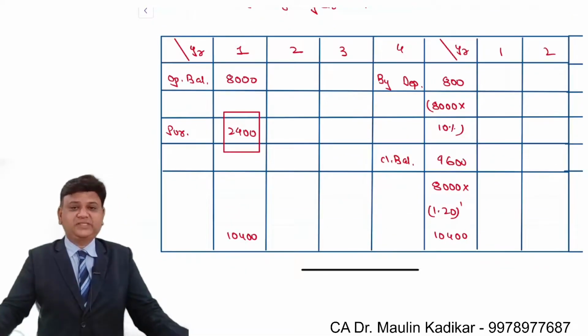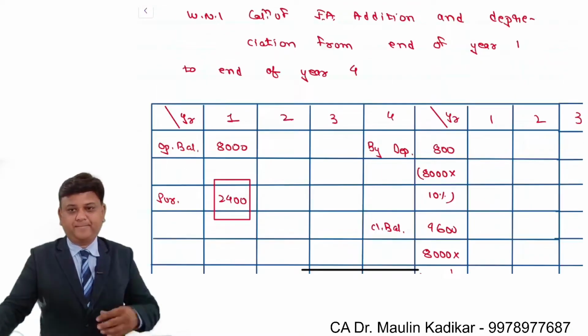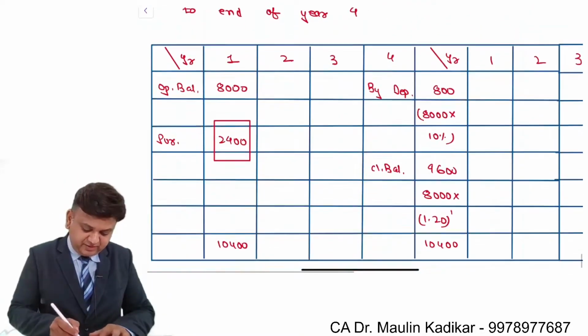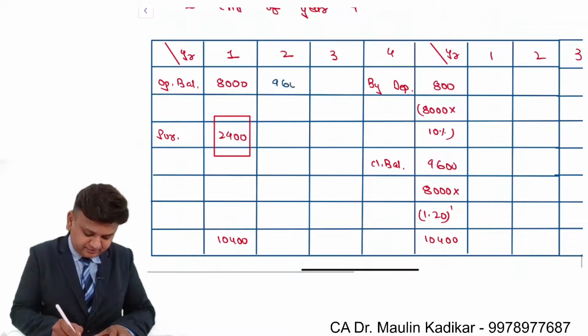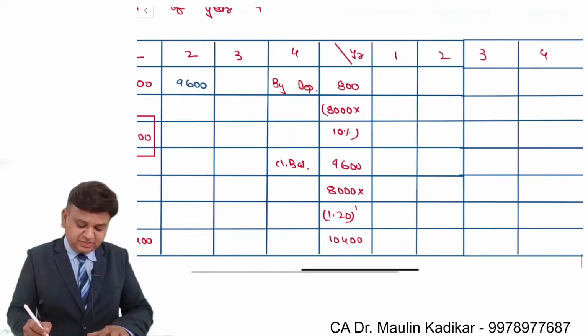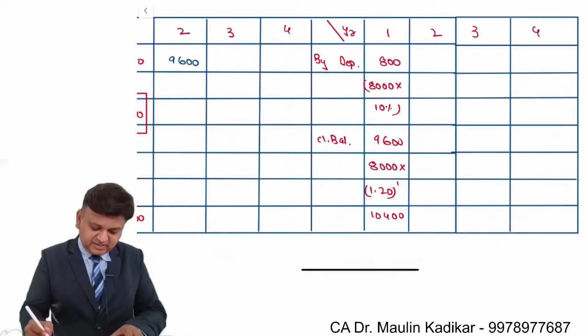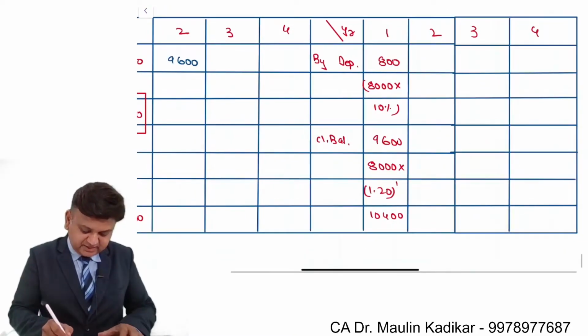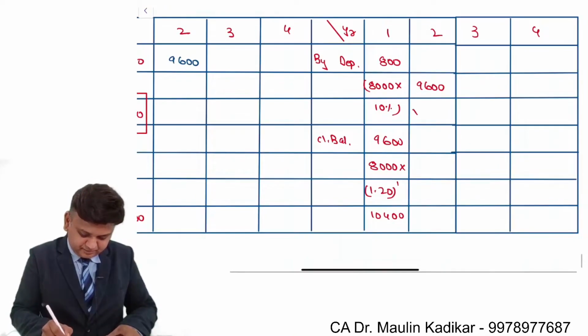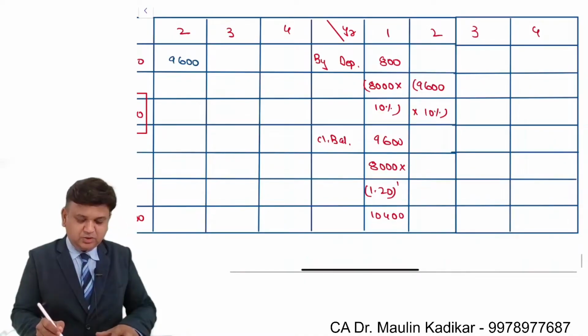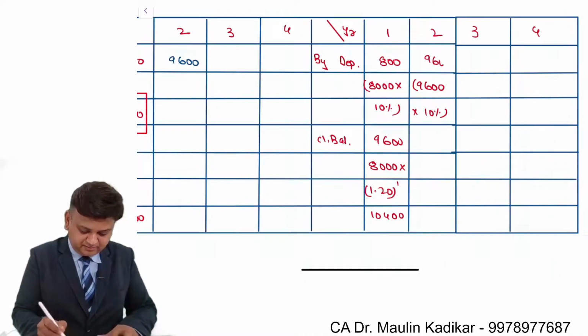Similarly, we will do it for the second, third, and fourth year. Second year opening WDV is 9,600. Second year depreciation would be 9,600 into 10%, so depreciation will be 960.